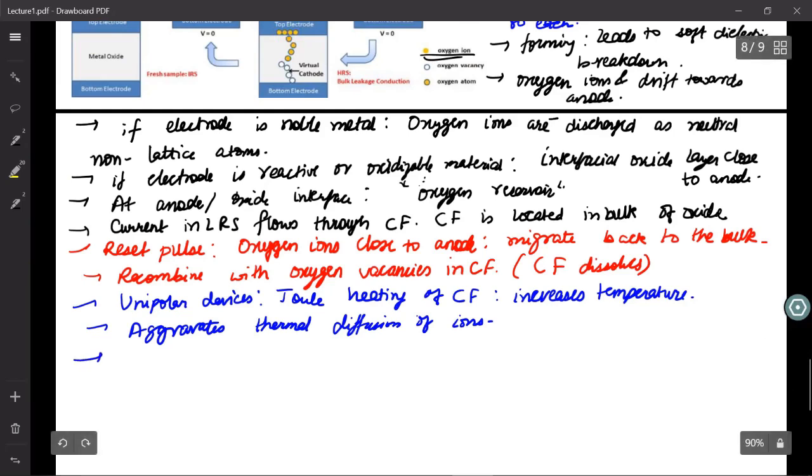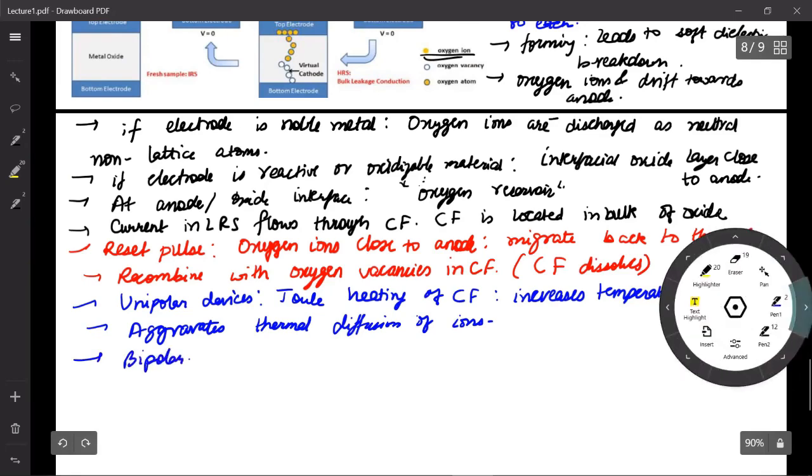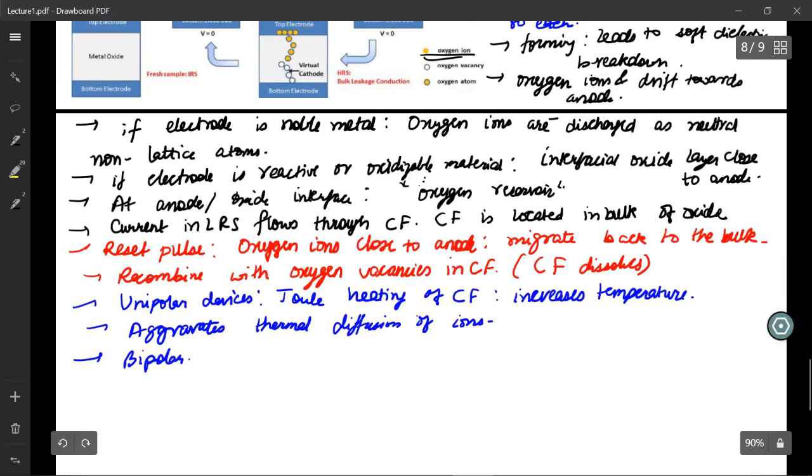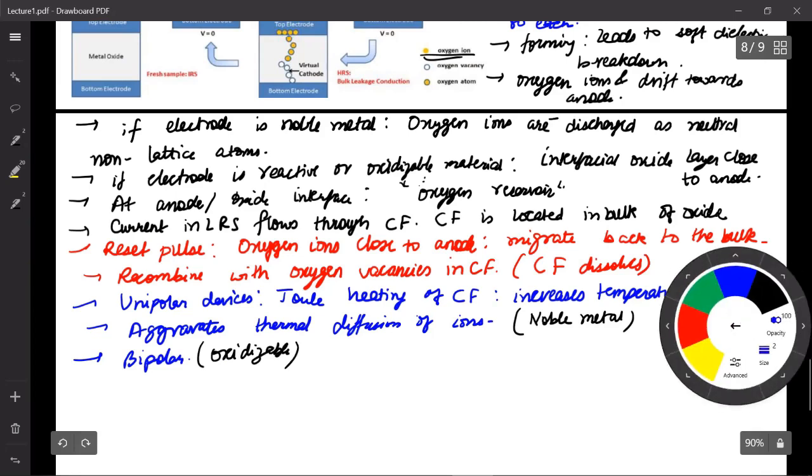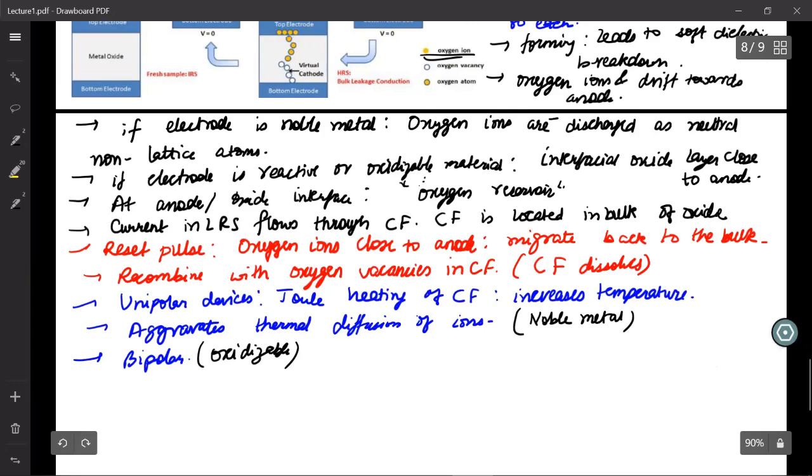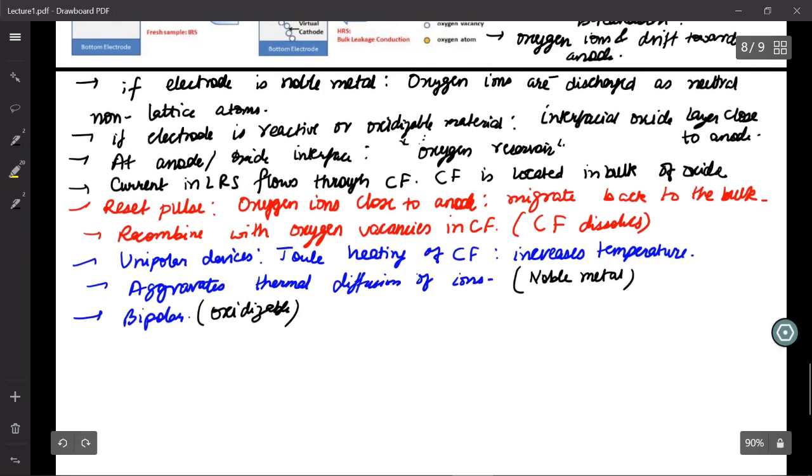Now in bipolar devices, and one more point to note is that the unipolar case happens when your metal is a noble metal. Your bipolar happens when the metal is an oxidizable element. Once it's an oxidizable element, we said there is an interfacial oxide layer.